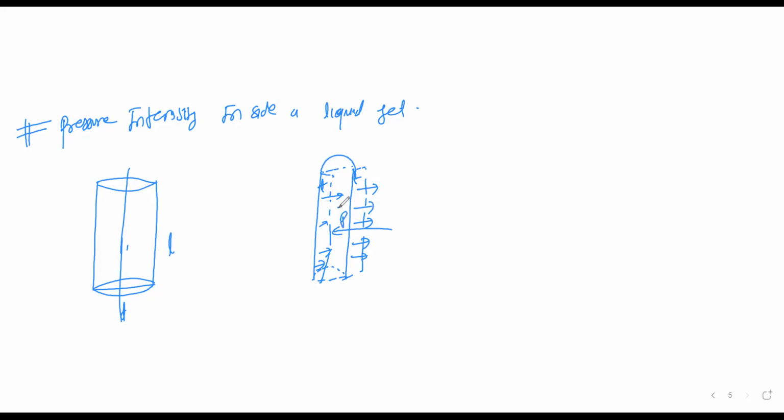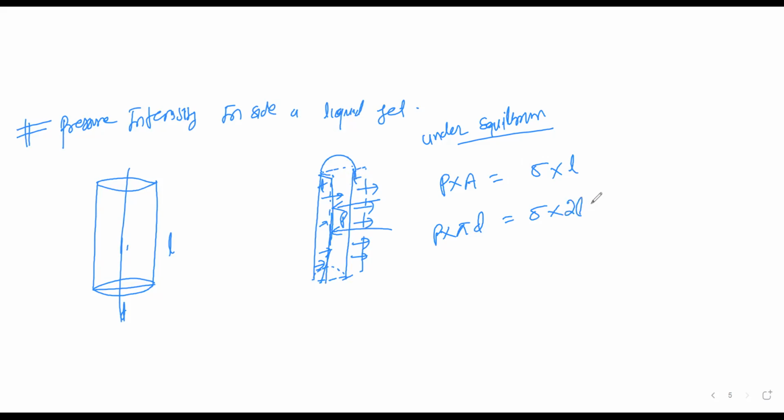Here also, under equilibrium, P into A must be equal to sigma into L. The area will be d into L, and the length of the circumference will be L plus L, which is 2L. The area is not pi dl, it's only dl, which indicates the projected area.